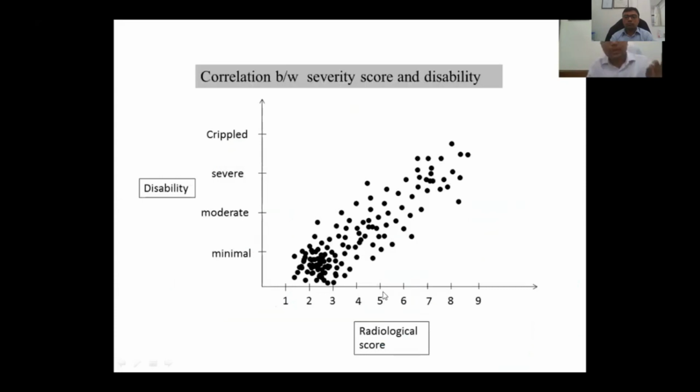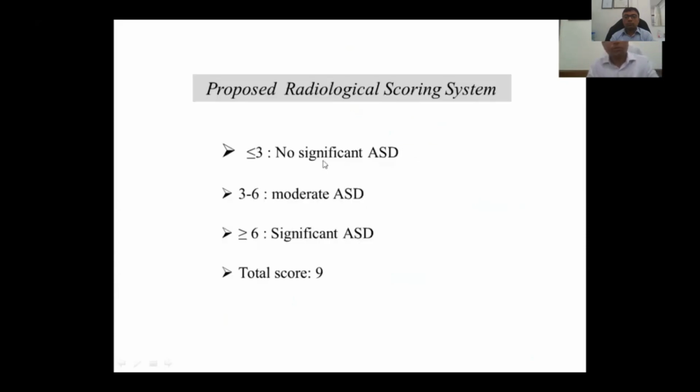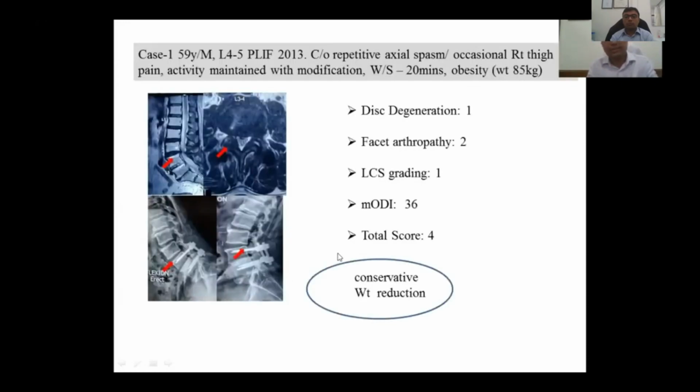This diagram shows that as the radiological score advances, the disability of the patient progresses. So we come to the conclusion: less than 3 is no significant ASD, 3 to 6 is moderate ASD, and more than 6 is significant ASD.